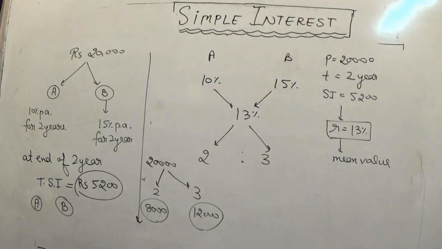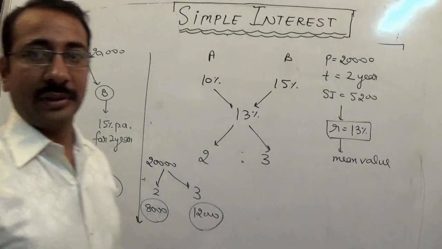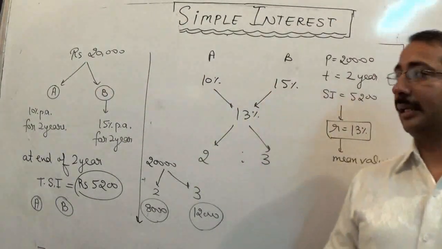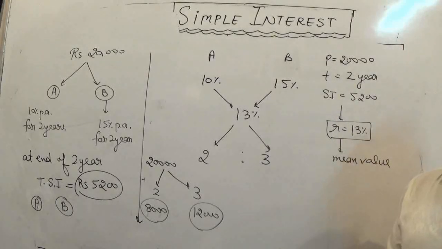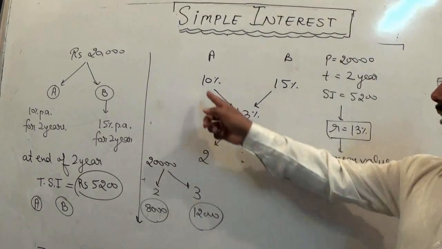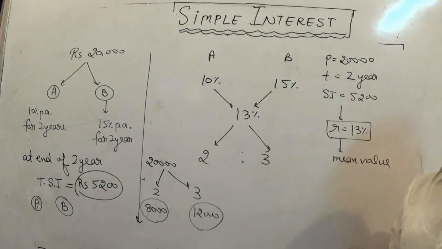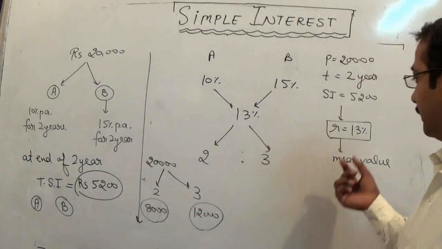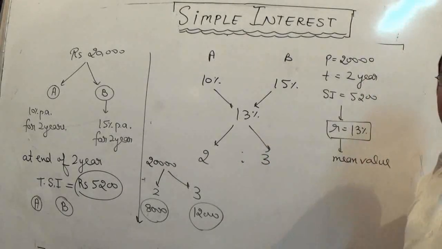It's a very simple type question. 20,000 divided between A and B. Either I can answer this question by our traditional approach in which we just applied the concept of simple interest, or I can also answer this question with the alligation mixture technique that states A for 10% and B for 15%, and when I take the mean value, my mean value is taken as 13% that I put here.